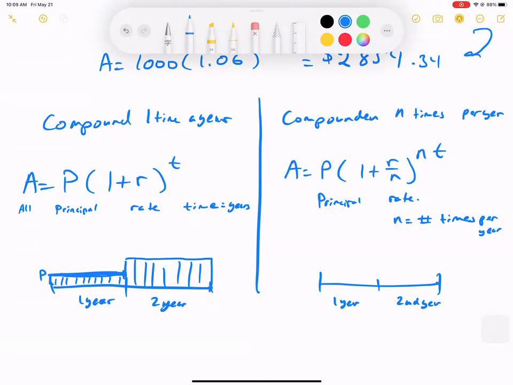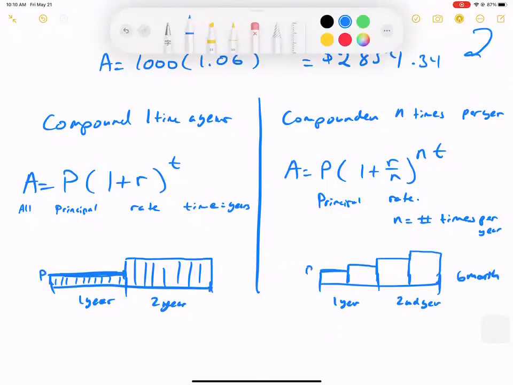But what if I pay you every 6 months? So this is my 6 months chart. Is it every half a year? Let's take a look here. After my first 6 months, you're going to pay me, and I have a little bit of interest now. And then I can make money off that interest. Every 6 months, you're going to pay me out, and I'm going to make a little bit more money off that interest.